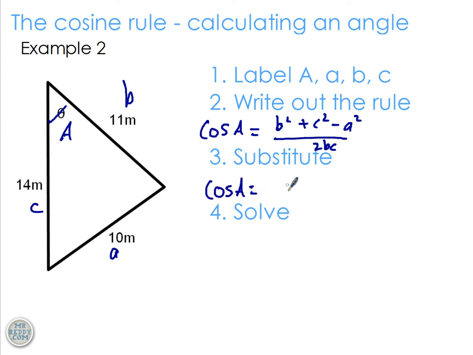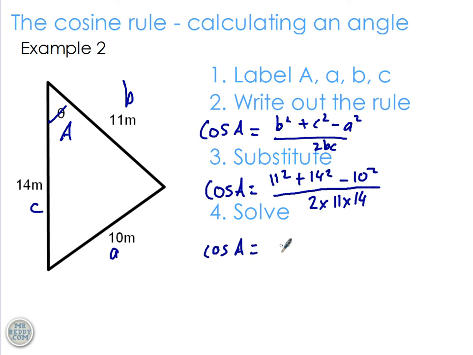Cos A equals 11 squared plus 14 squared, take away 10 squared, all over 2 times 11 times 14. So cos A equals, this is what I'm going to put into my calculator, 121 plus 196, take away 100, all over 2 times 11 times 14, and that comes to 154.